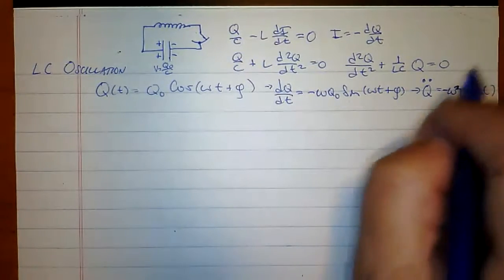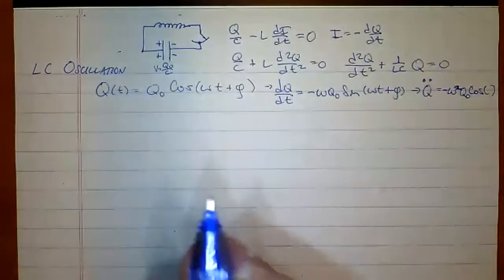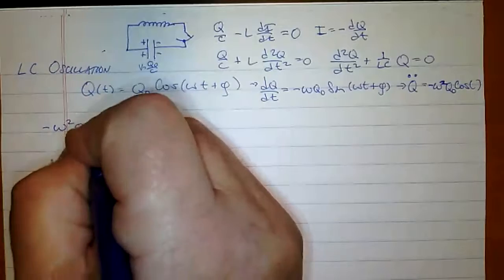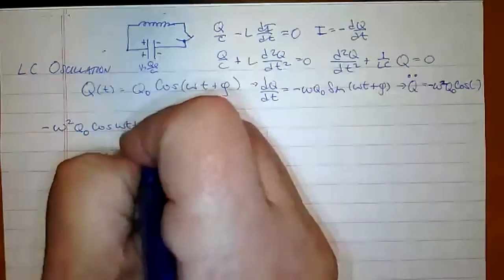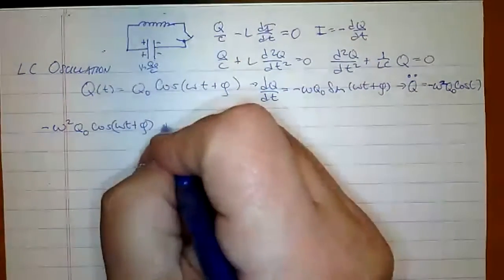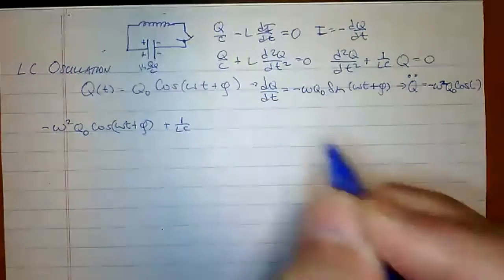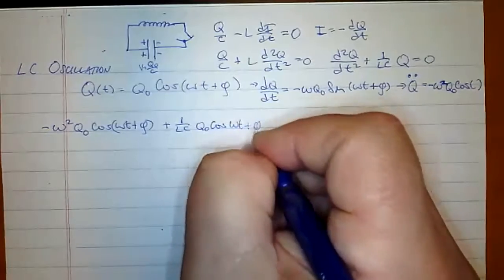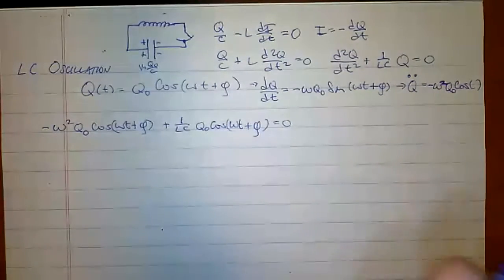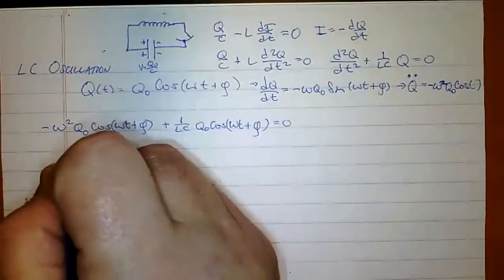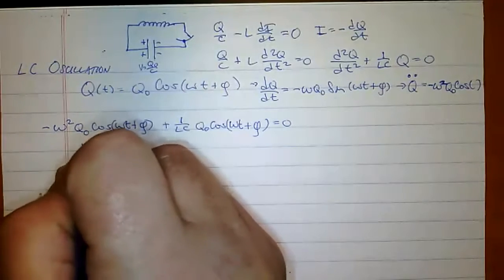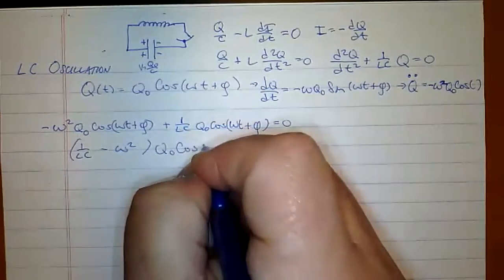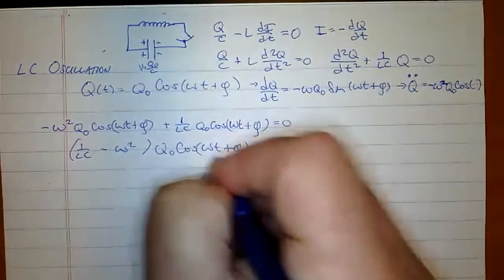Okay, so now I can plug that back into this equation, and what I will get is negative omega squared Q0 cosine of omega t plus phi plus 1 over LC Q0 cosine of omega t plus phi equals 0, but that's also written as 1 over LC minus omega squared times Q0 cosine of omega t plus phi is equal to 0.